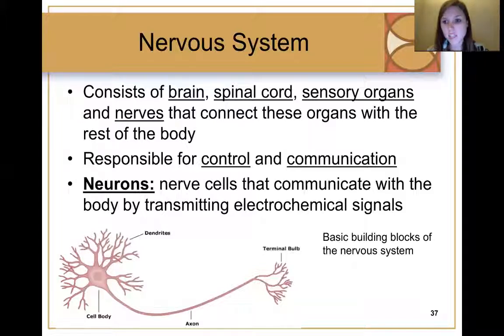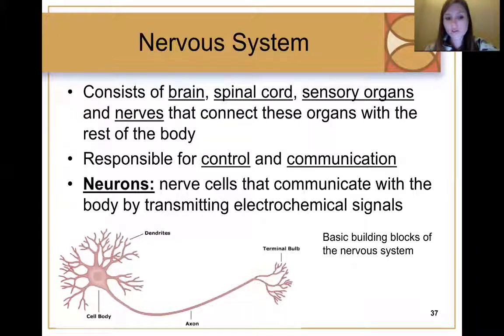Remember I said that the cells make up the different organs, and every organ system has its own term for the cells in that system. So N and N, pretty easy to keep straight. The neurons are nerve cells that communicate with the body by transmitting electrochemical signals, and they're the basic building blocks of the nervous system.